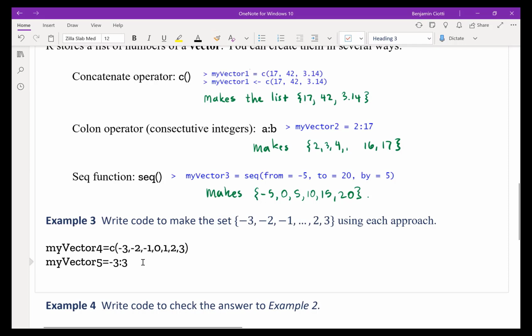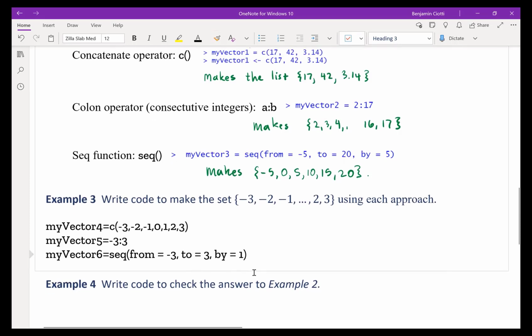A third way to do it would be using the sequence command. So let's let my vector 6 be the sequence starting from -3 going to 3, and we are increasing by 1 as we go from entry to entry. So that would be 3 different ways of creating this.